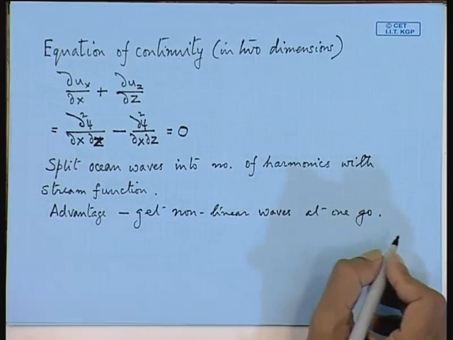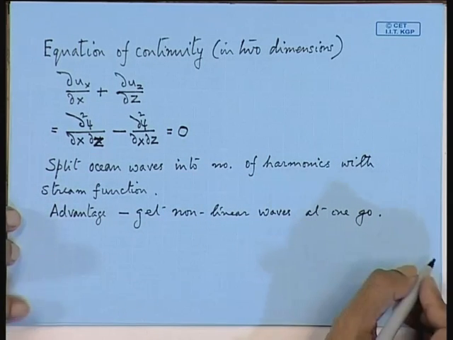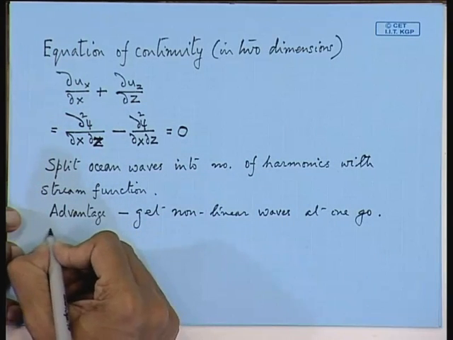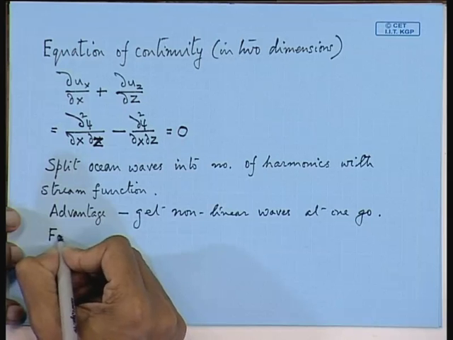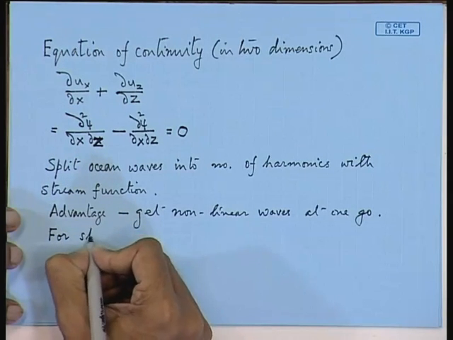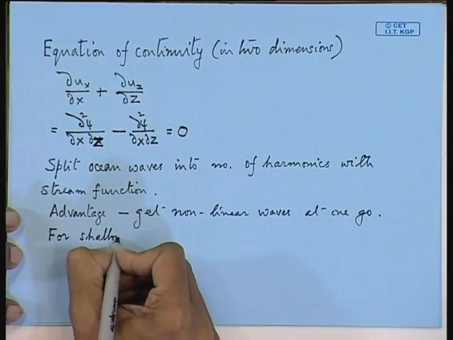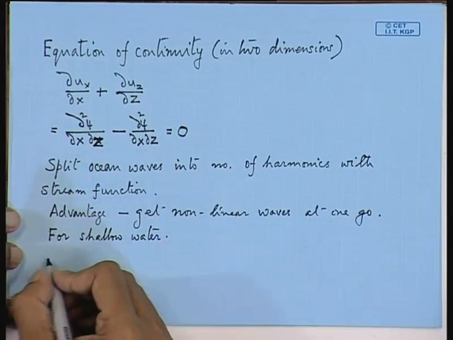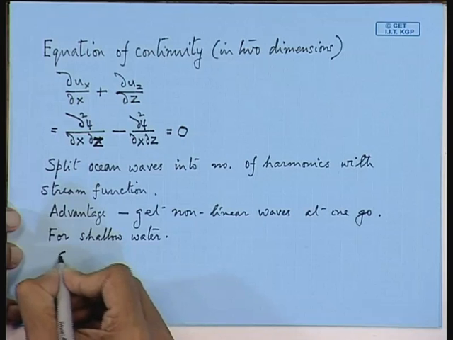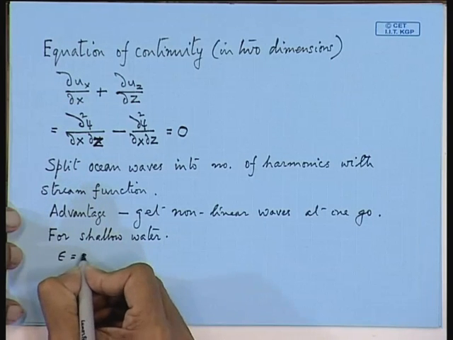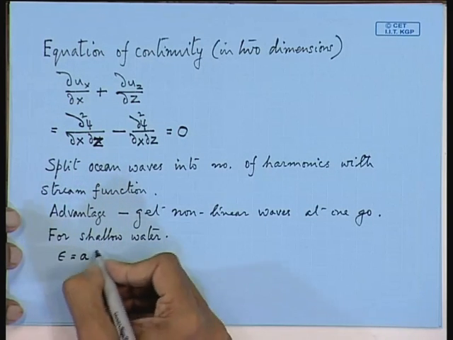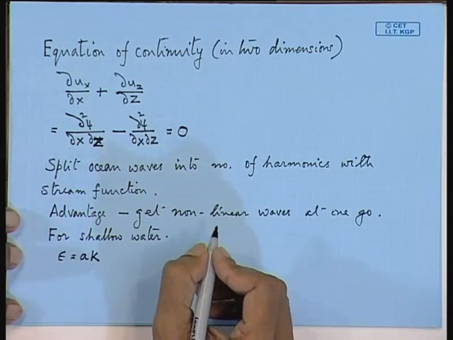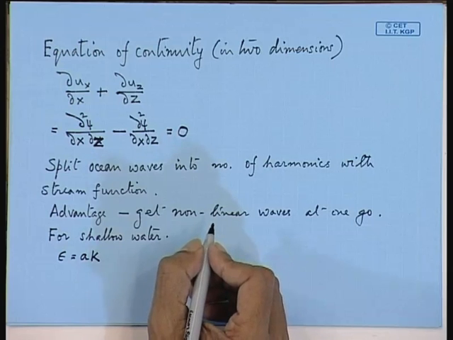Now here, for shallow water we have to make certain corrections. For shallow water, epsilon is equal to the amplitude of the harmonic wave multiplied by the wave number k. Previously we had done this, isn't it?